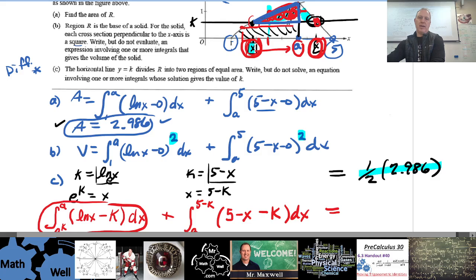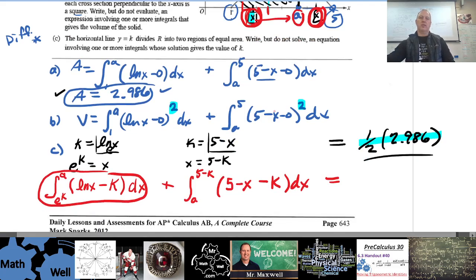We're setting this area, plus 5 minus x as the upper function and k as the lower function, when we add those two up, that has to equal half of the total area that we've already determined. So this is equal to half of 2.986.